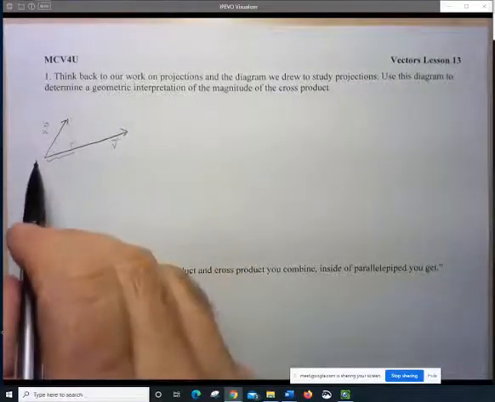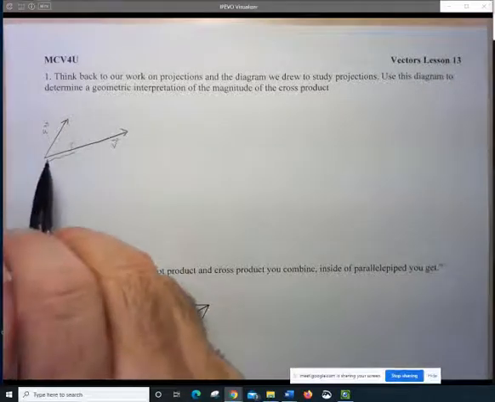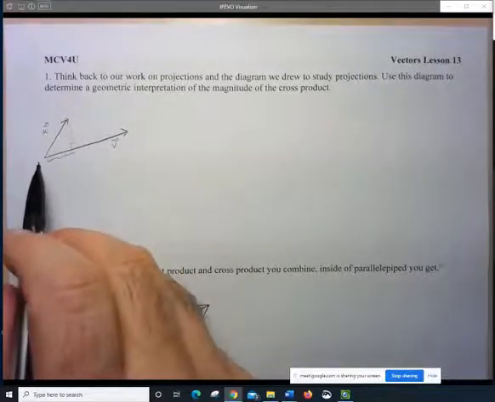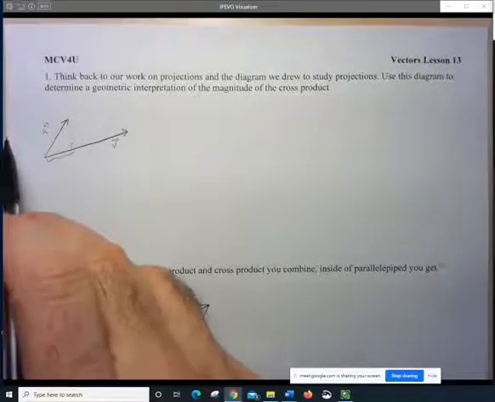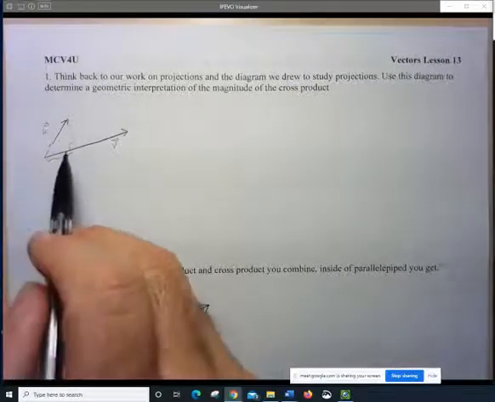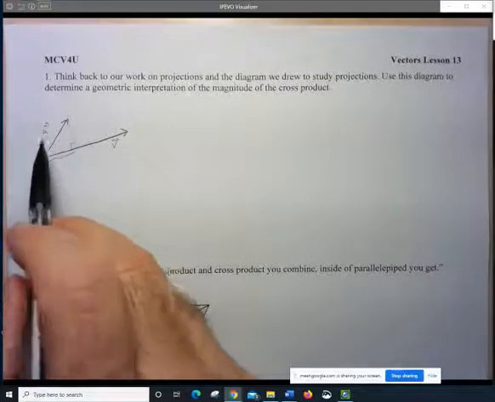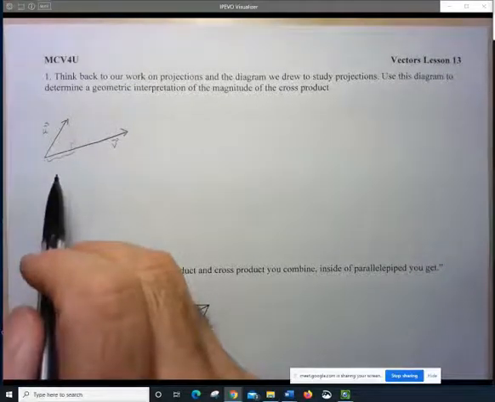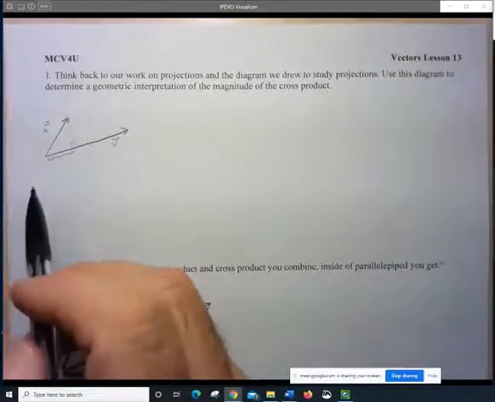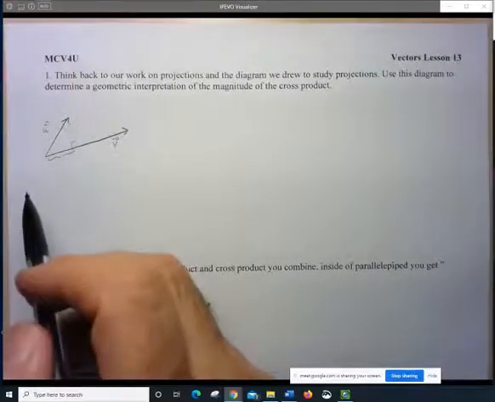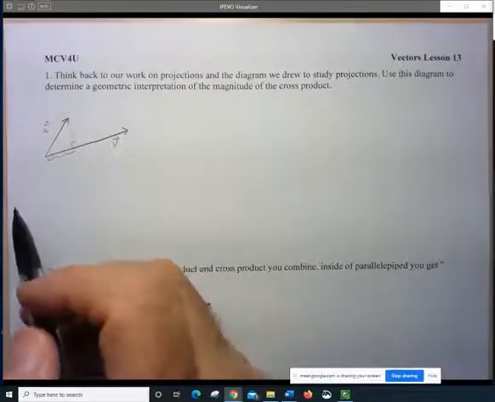Now, I'll give you a bit of a hint. If I want to think of this as a length, then if the angle was larger than 90 degrees, it could very well be that the projection was negative. So what do I do with a projection to ensure that it's representing the actual length?